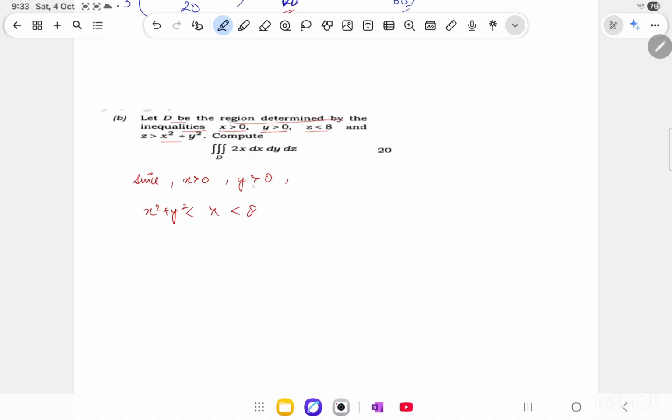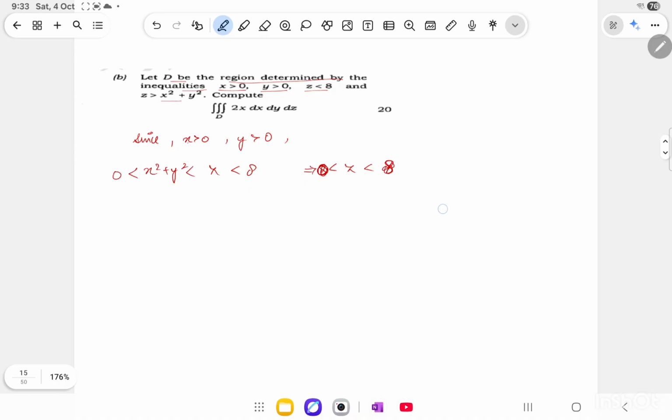Since x and y are both strictly greater than 0, x square plus y square will also be strictly greater than 0. So that gives us that z lies between 0 and 8. This is basically the equation of a paraboloid. If this is my x-axis, this is y, then the paraboloid will be somewhat of this form.